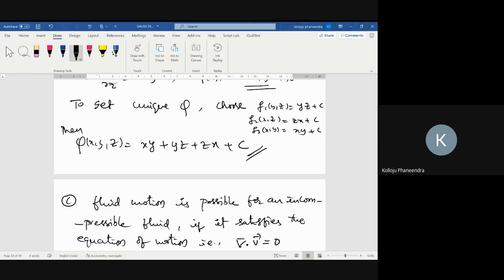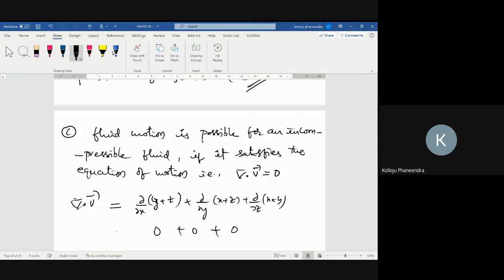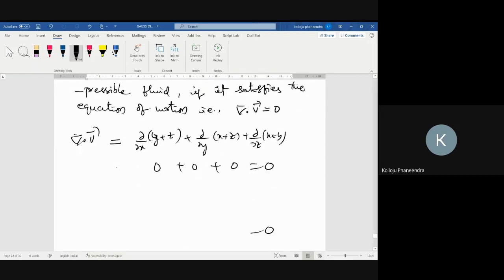Divergence of v bar equal to 0. So what is this v bar? y plus z, x plus z, x plus y. Del dot v bar equal to dou by dou x of y plus z, dou by dou y of z plus x, dou by dou z of x plus y. What is this? 0 plus 0 plus 0, that is 0. Hence, fluid motion is possible.